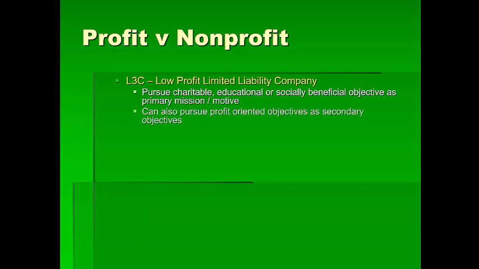They can also make money. They can also pursue profit. So here's the deal. That profit motive is a secondary objective, meaning that the primary objective, doing that social good, is the main purpose of the L3C.